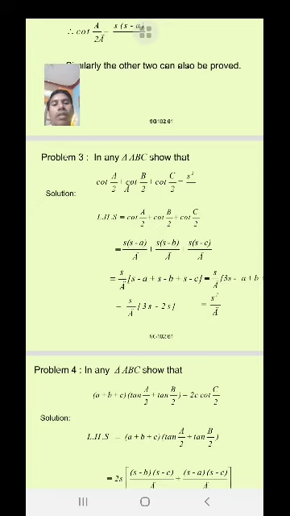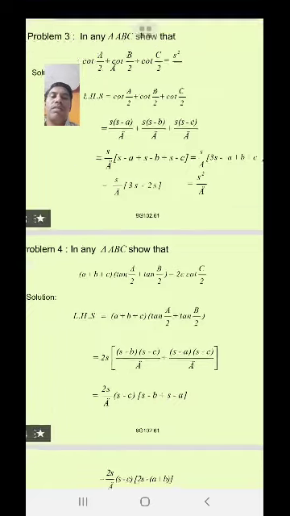So take common s by delta. The remaining is s minus a plus s minus b plus s minus c. Then s by delta of 3s minus of a plus b plus c. Here a plus b plus c should be in a bracket. Here bracket is not printed, but you have to assume. Next, s by delta into 3s minus a plus b plus c means 2s. So 3s minus 2s means s, and s into s is s square by delta. So this is the RHS. Hence we showed.